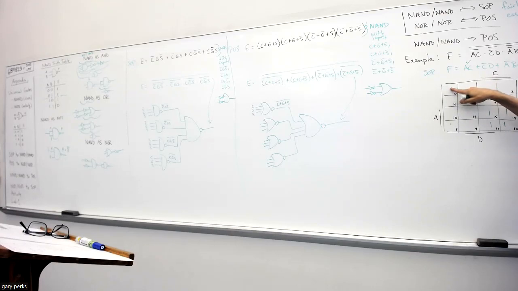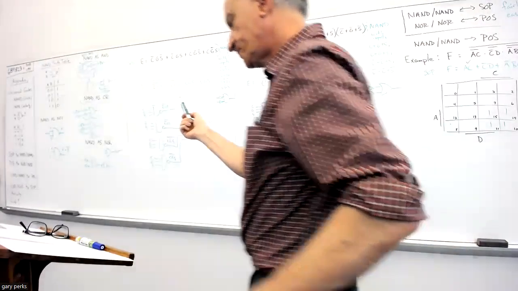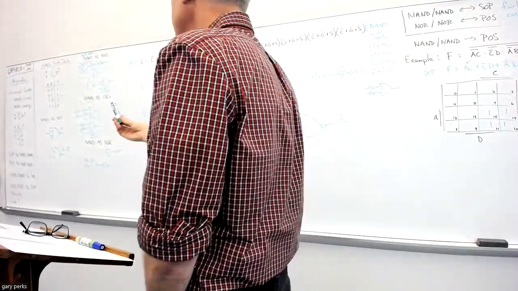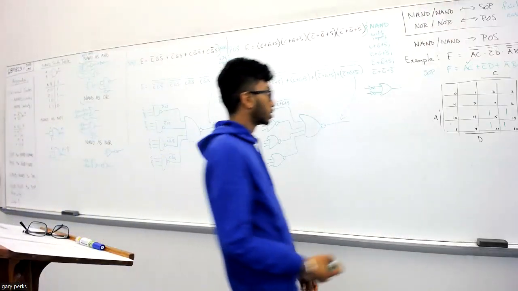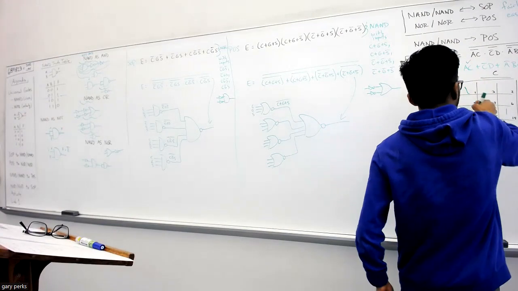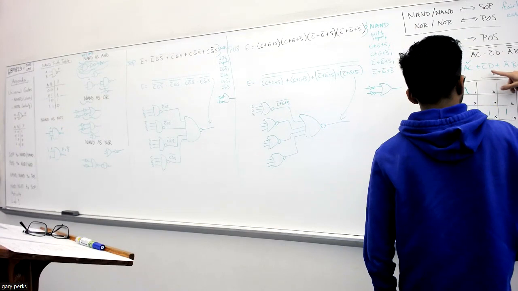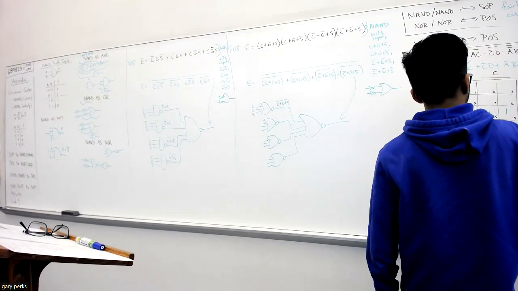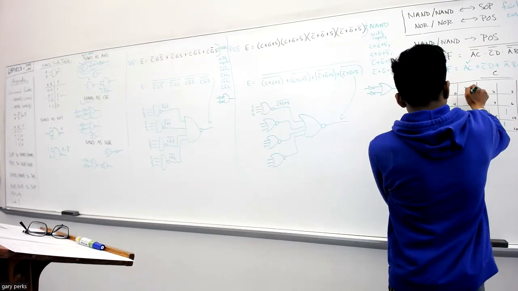This one? Do you want to come up and put the ones? Might be easier just to do it that way. Okay, so we want not CD. Now remember, it's a two variable term, so it should be a 4 grouping. That would be.